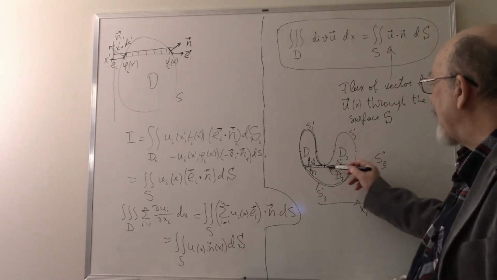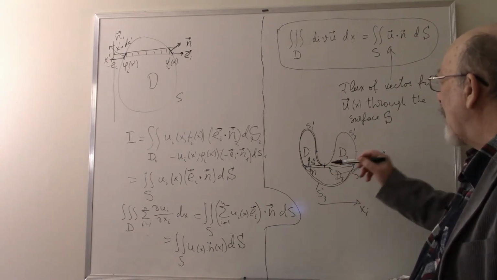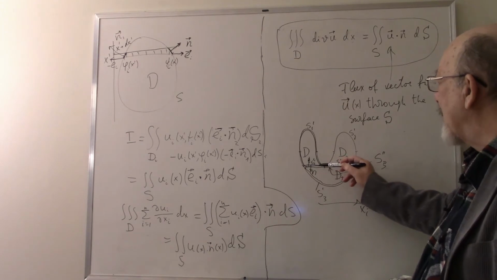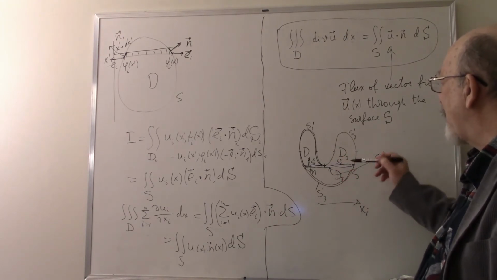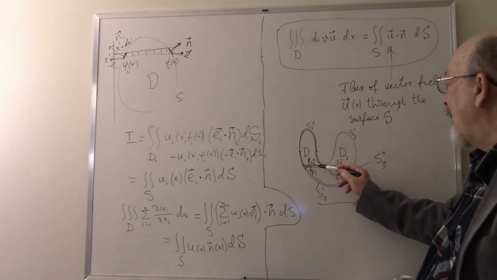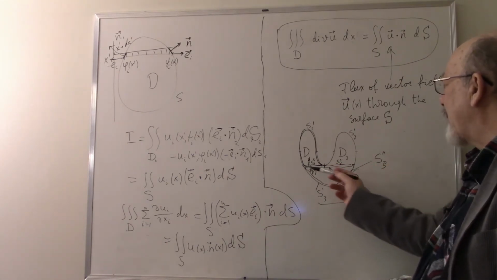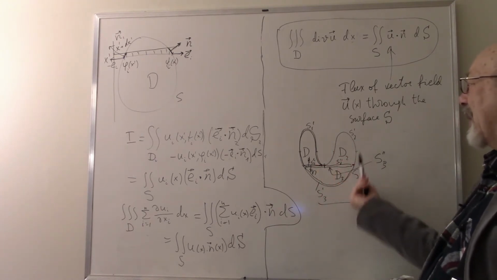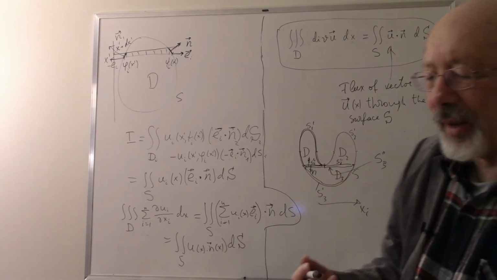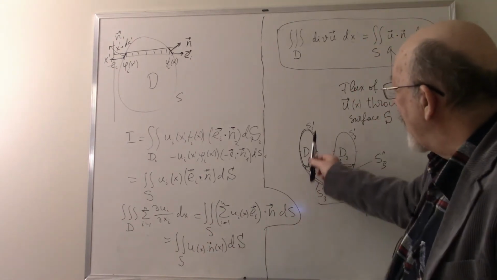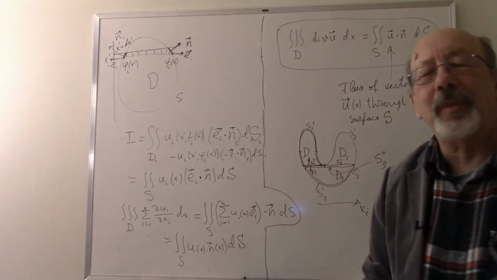The same happens here: the fluxes through S1 double prime and S2 double prime exactly cancel the flux through S3 double prime, because it is the same vector field but with the opposite normal vector.